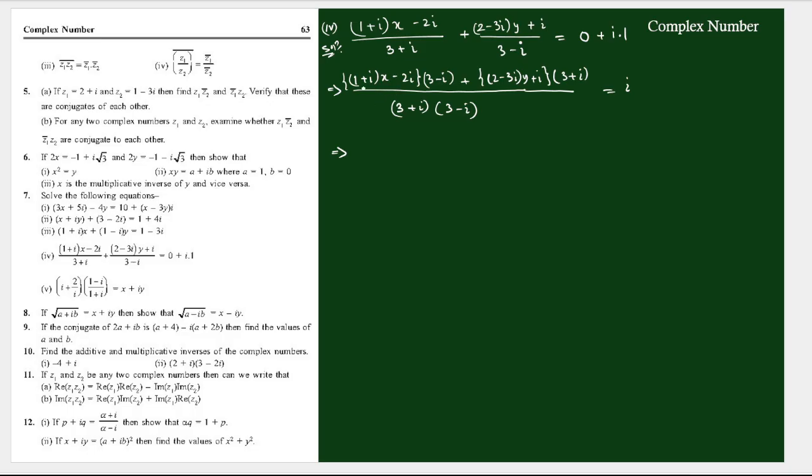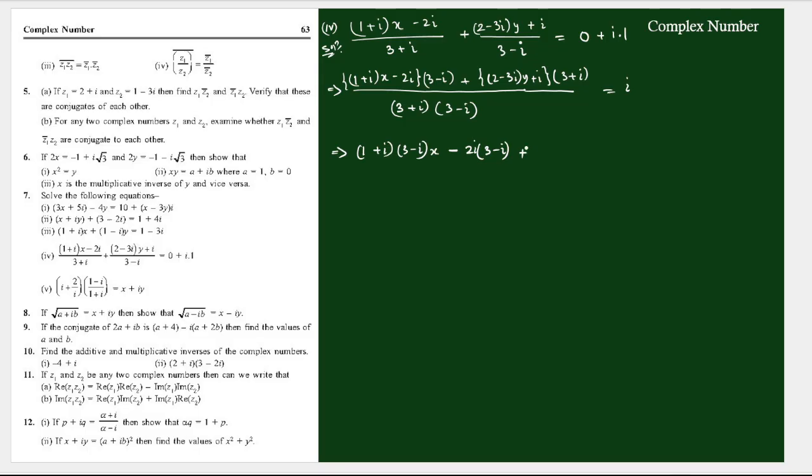What will happen? This multiplied by this: we get 1 plus i, multiplied by 3 minus i, then x minus 2 into 3 minus i, 2i into 3 minus i.